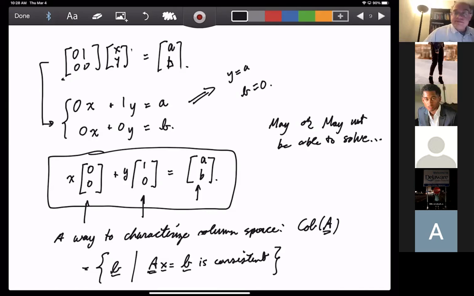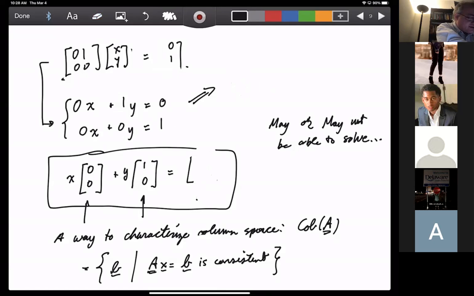Could you explain one more time how you knew b wasn't in the column space for the example above? Well, okay, so let's say that we picked this as our vector. Is that vector going to be in the column space? Well, no, it won't. y equals 0 looks good, right?